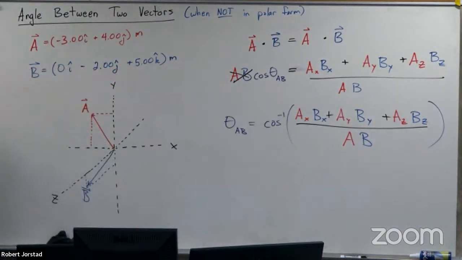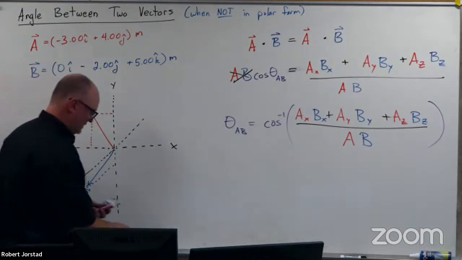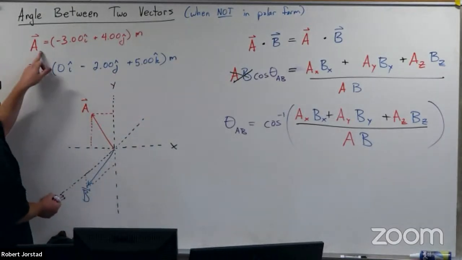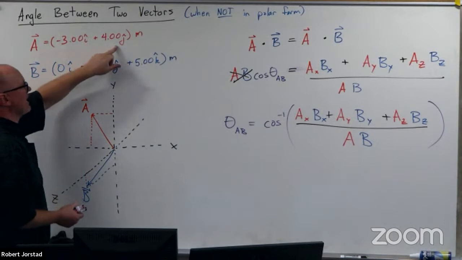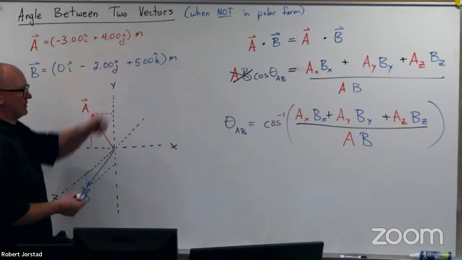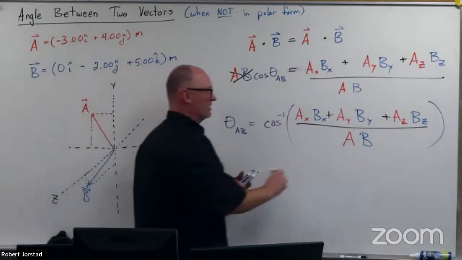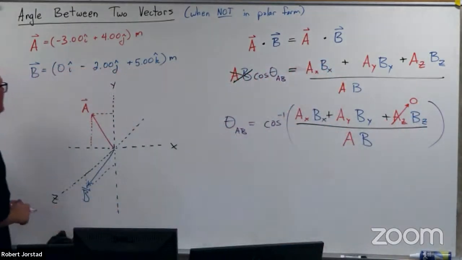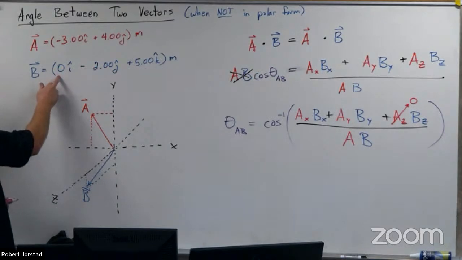So now in this case, let's go through the math. Actually, let's start plugging in some stuff that's zero. Look at vector A. There's an I hat, a J hat, but there's no K hat component. So that means this term goes to zero. That's not too bad. There's no I hat term in B, no BX.